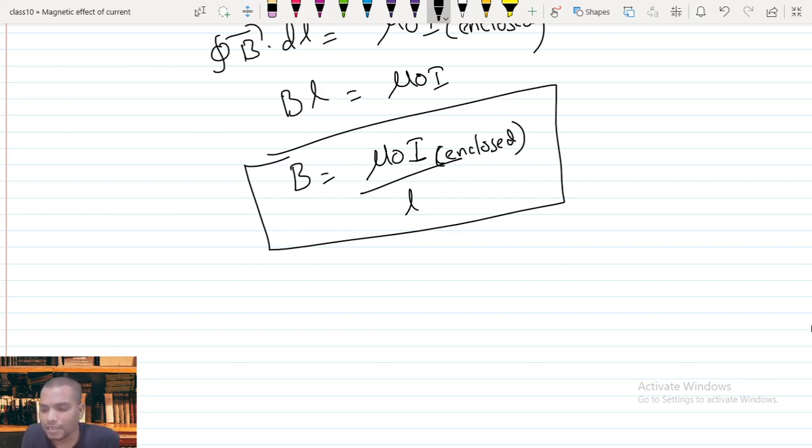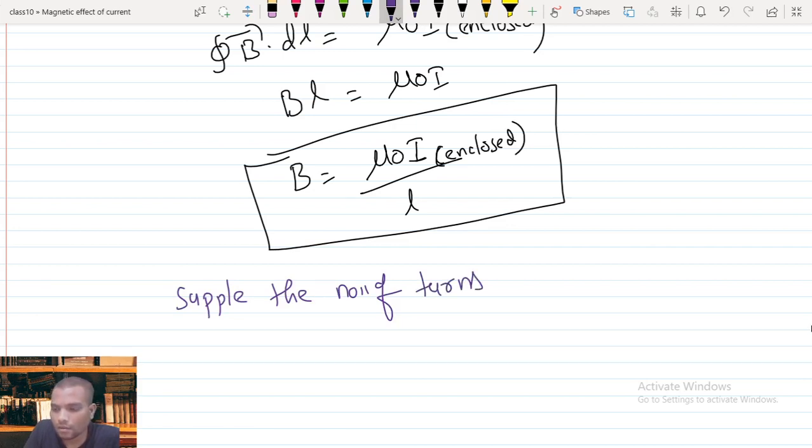Suppose the number of turns in length L of the solenoid is capital N, equal to small n times the total length.